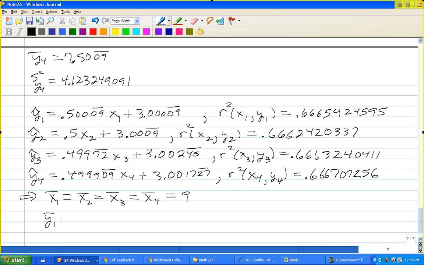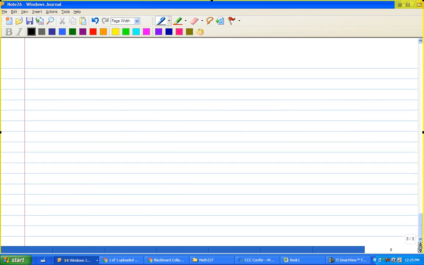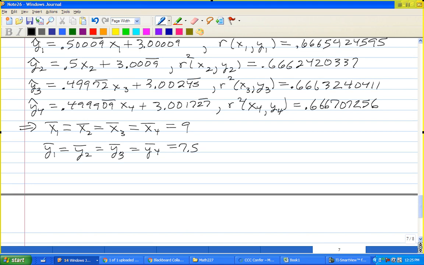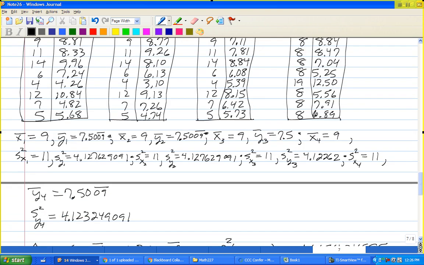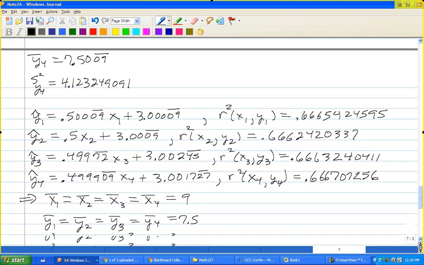All of the means for the y's are approximately 7.5. All of the variances are 11.